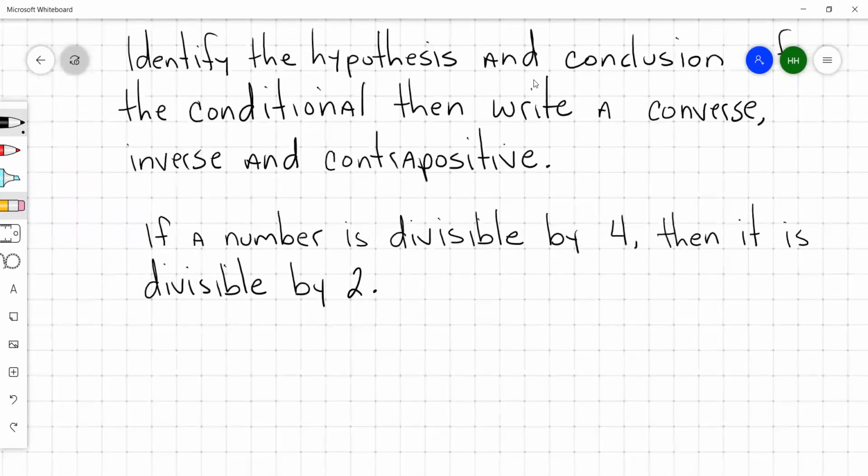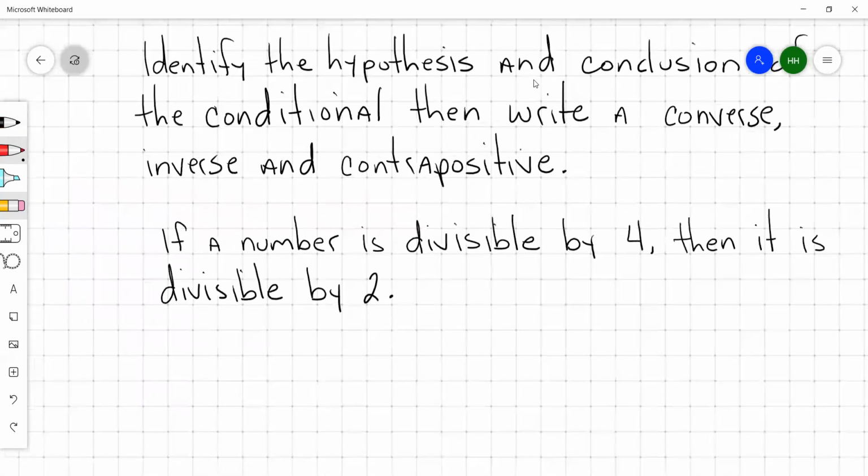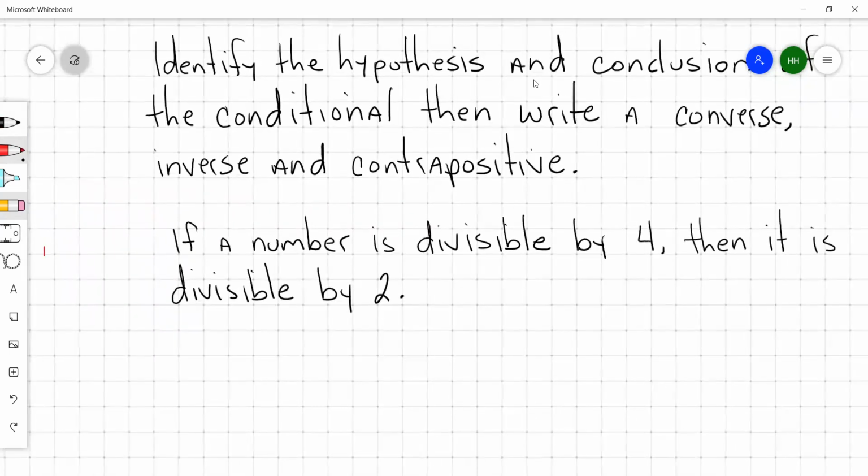Okay, so here's the way this works. This is an if-then statement. Here's your word if, here's your word then. This is called a conditional statement. The symbol for this statement is P arrow Q. That means if P, then Q. If the hypothesis, then the conclusion.